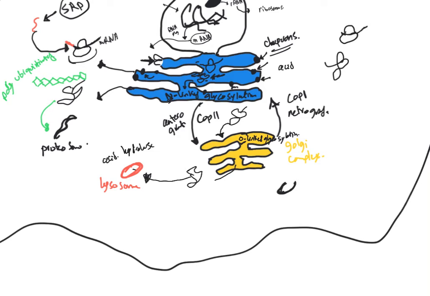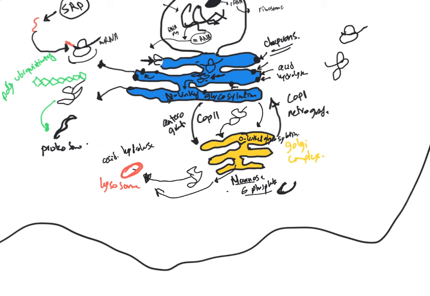Acid hydrolase is synthesized in the endoplasmic reticulum, so it goes to the Golgi complex, and in the Golgi complex it adds a tag called mannose 6 phosphate. When this specific enzyme or protein gets out of the Golgi complex, the lysosome will be able to recognize it because it has the mannose 6 phosphate.